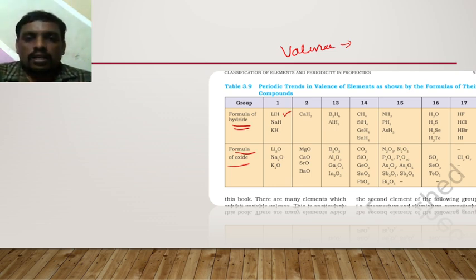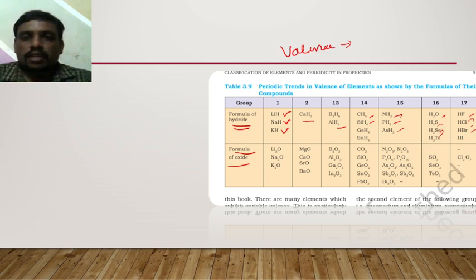Lithium hydride, sodium hydride, potassium hydride, calcium hydride, barium hydride, aluminum hydride, silicon hydride, and the remaining you can see here.